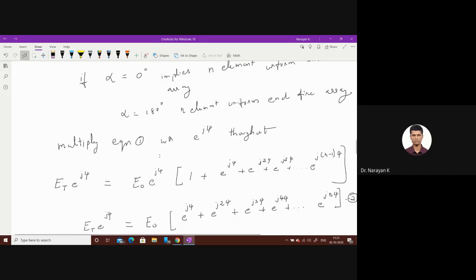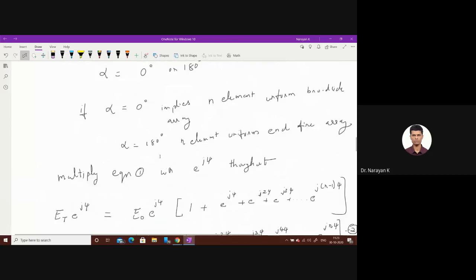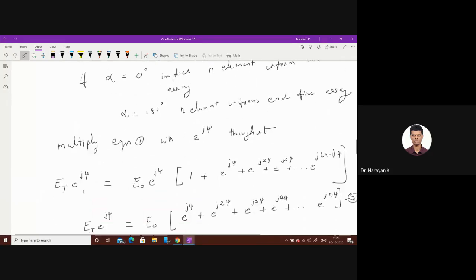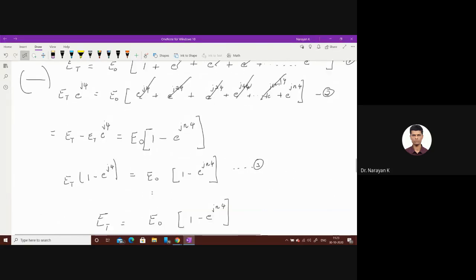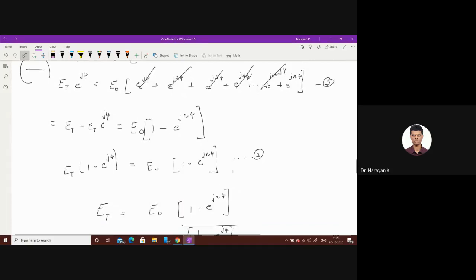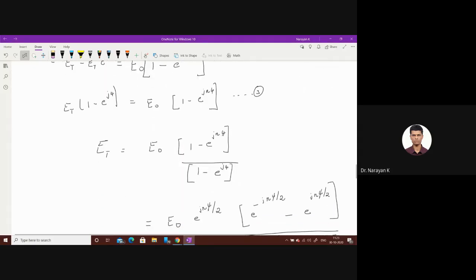Then multiplying equation 1 throughout by e raised to the power j psi, you will get Et into e raised to the power j psi equals E0 e raised to the power j psi and so on. That is equation 2. Then subtract equation 1 from equation 2, and you will end up getting equation 3, e raised to the power j n psi divided by 1 minus e raised to the power j psi.